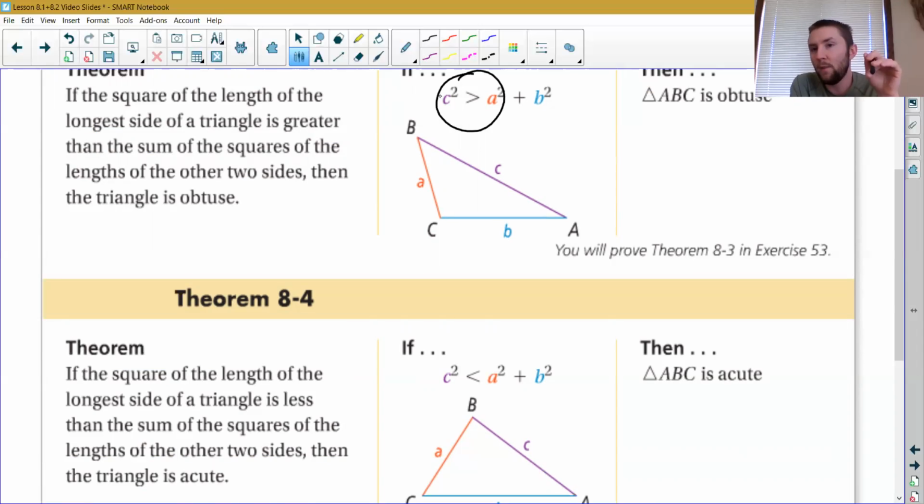So if the c squared value is bigger than a squared plus b squared, then that angle is bigger than 90 degrees, and we have an obtuse triangle. If the c squared value is smaller than a squared plus b squared, if c squared is smaller, then the angle is smaller than 90 degrees, and we have an acute triangle, right?